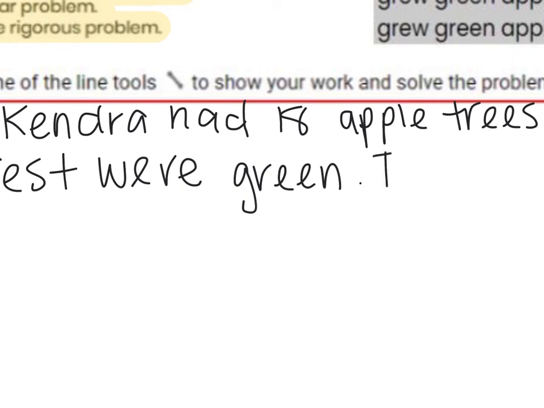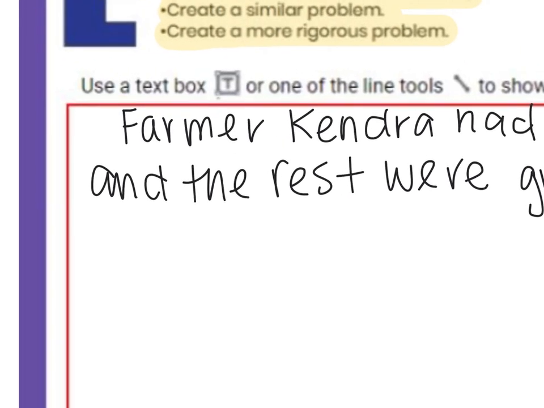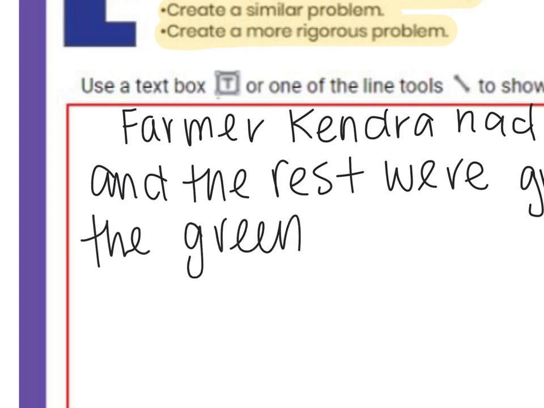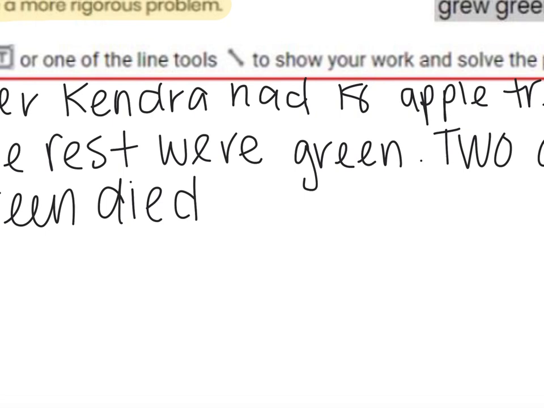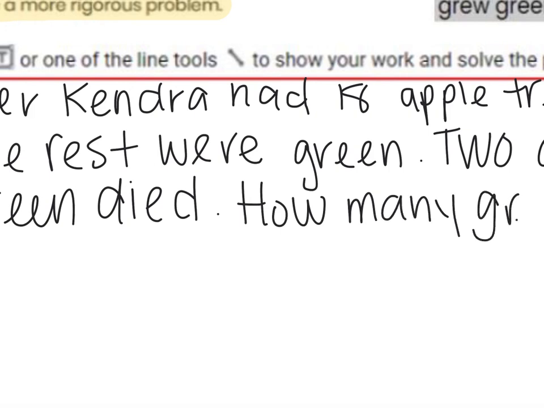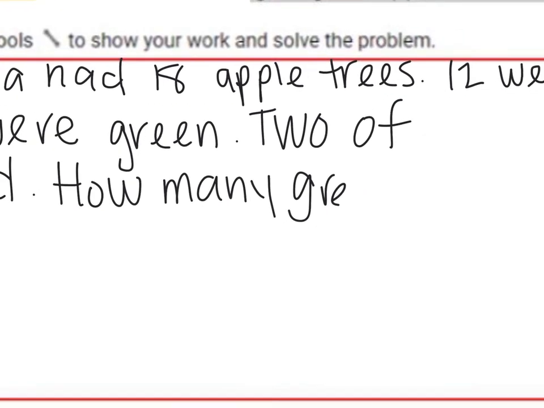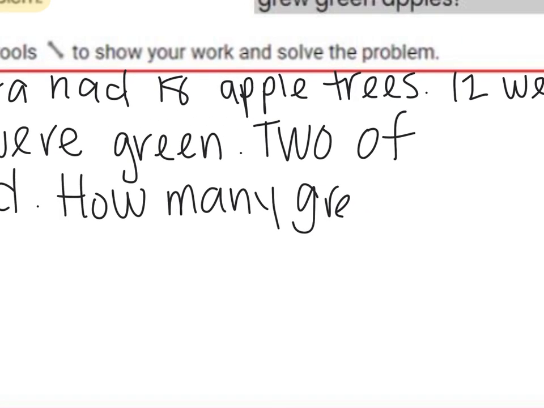Two of the green died. How many green are left?